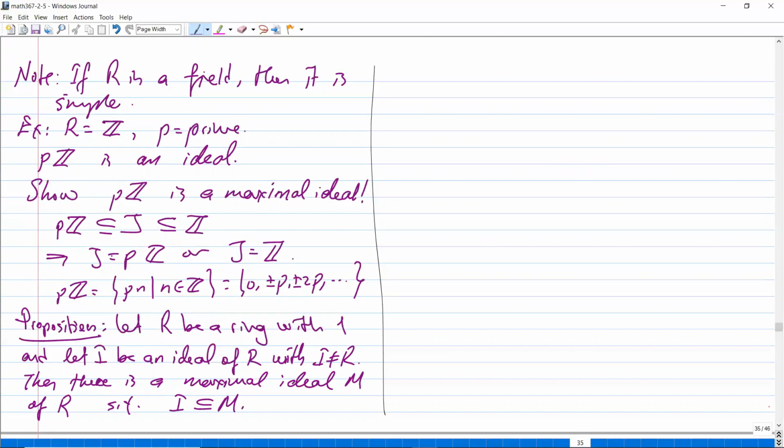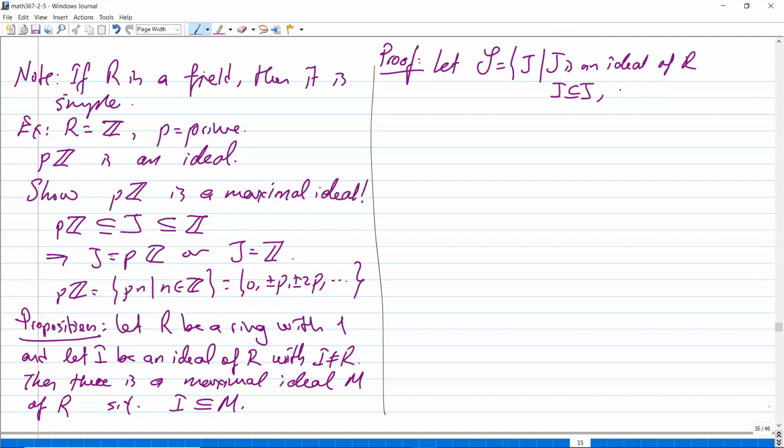Okay, so here's a proof. The proof uses Zorn's lemma. Let's define a set S like this. Namely, these are the J's such that J is an ideal of R, J contains I, and J is not equal to R. Look at this set.